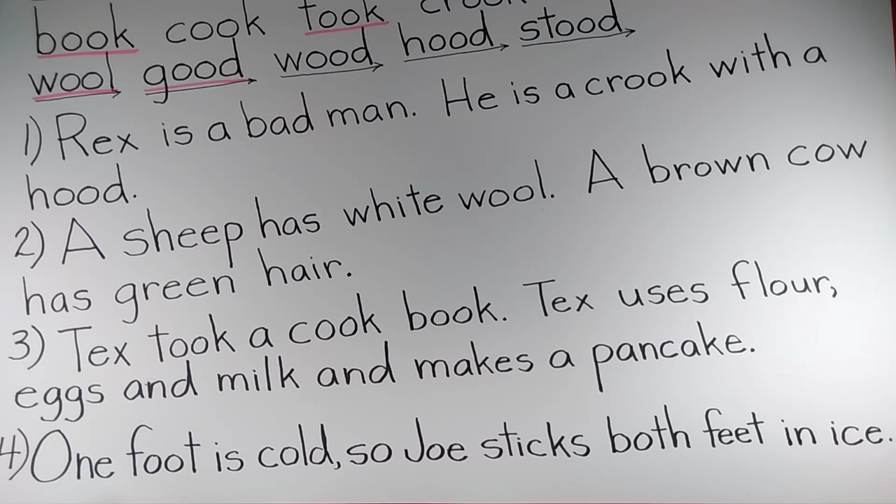Some type of oil. Oh boy. Getting old is just lots of fun. Anyway, I would put true for this. But if the student knows that oil is a necessity, they may say, no, false, you've got to have oil in there. Number 4, one foot is cold, so Joe sticks both feet in ice.